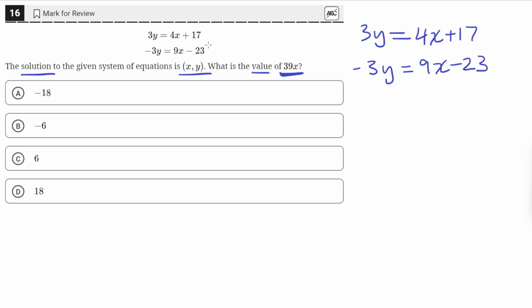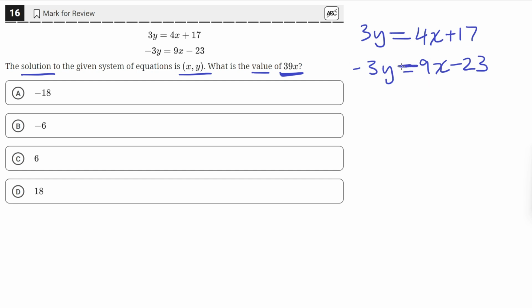The reason we can add these two equations is because, similar to how you can add something to both sides of an equation, since we're adding the same thing to both sides, like say you added a plus 3 to both sides, the equation still remains true because you're doing the same thing to both sides. And what we're doing is adding negative 3y to this side of the equation and 9x minus 23 to this side of the equation.